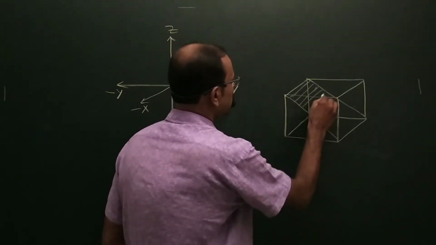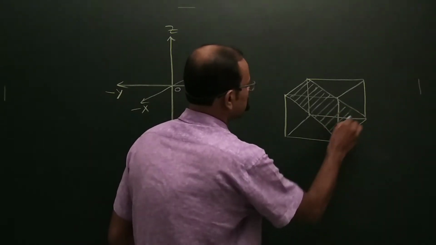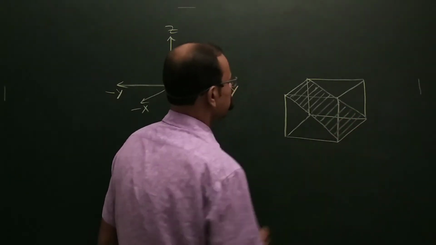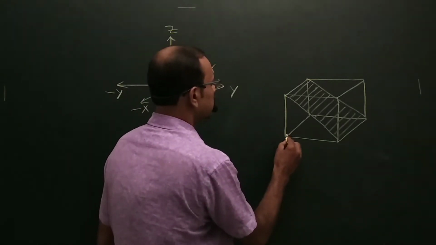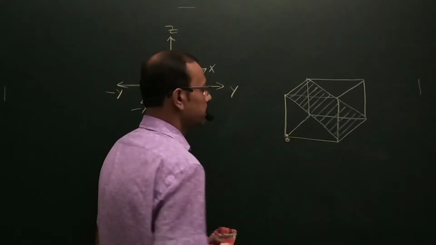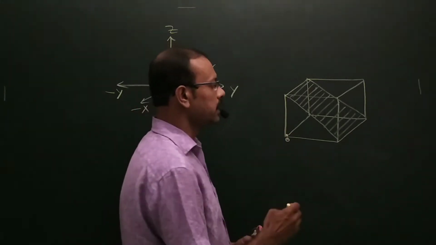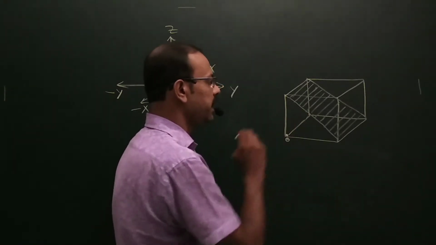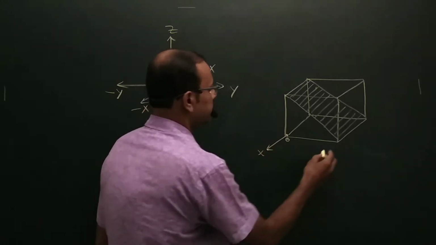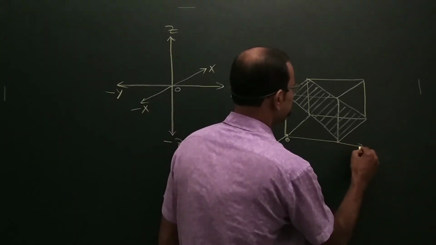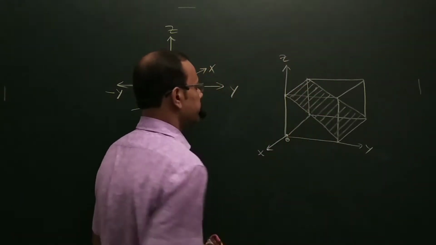I am going to find out the Miller indices of the plane shaded by the green chalk. Now, I am taking the origin at this point. I am repeatedly saying that the origin cannot be taken on any point on the plane. Therefore, this is the x-axis, this is going to be the y-axis, and this is the z-axis in the opposite direction.